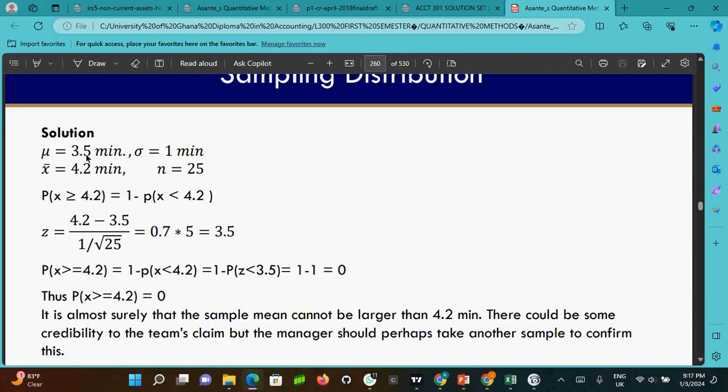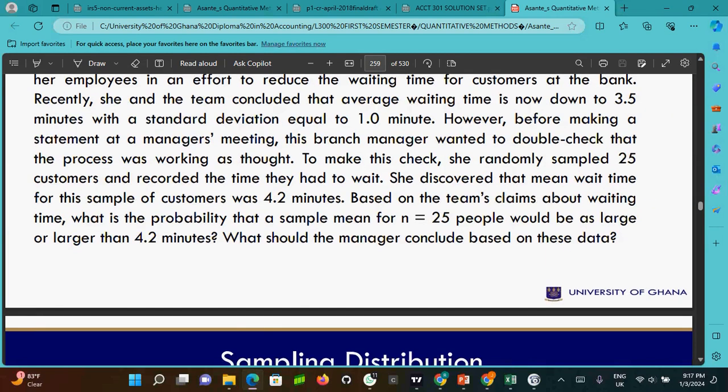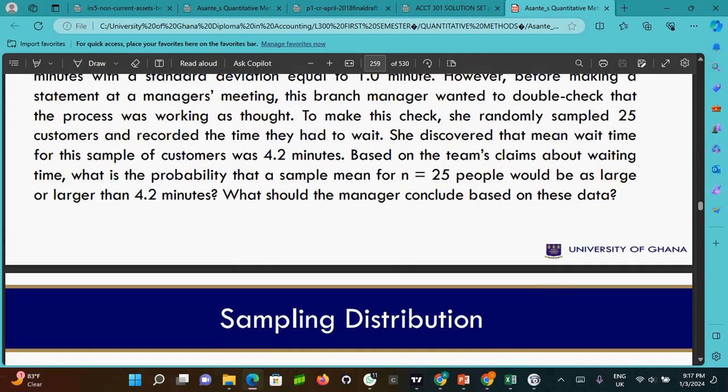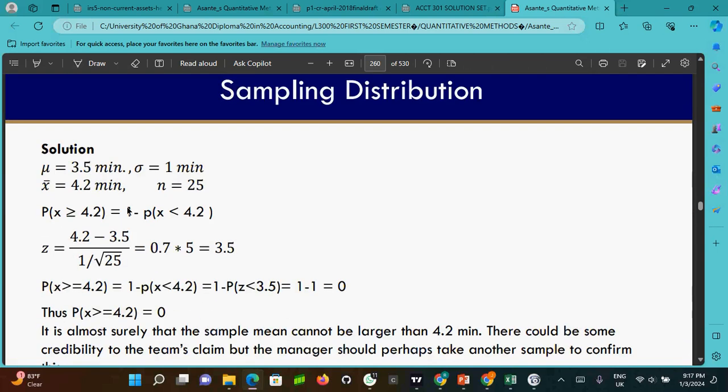So we already know the population mean waiting time is 3.5 minutes, the standard deviation is 1 minute, the sample mean now is 4.2 minutes, and the number of persons is 25. Since we are looking for the probability of as large or larger than, meaning greater than, we are going to subtract it from 1.